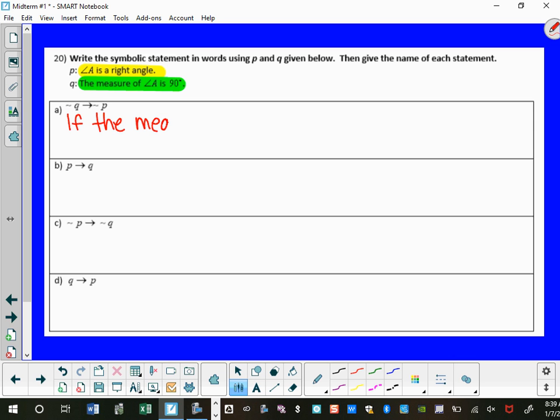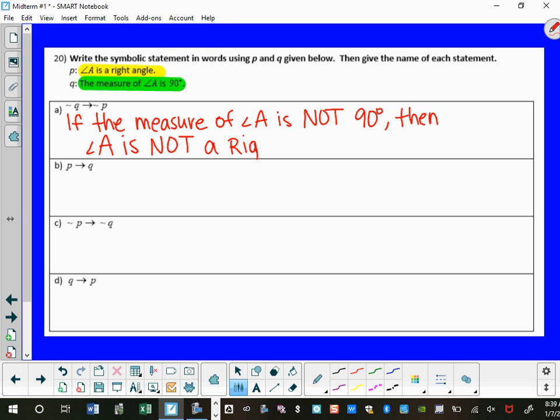Guys, write this down. If the measure of angle A is not 90 degrees, then what, Lindsay? What's not P? A is not a right angle. Good. Then angle A is not a right angle.